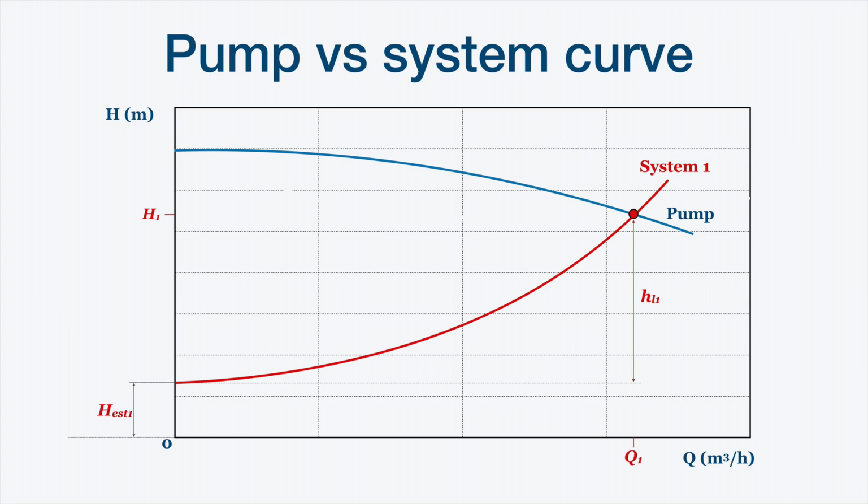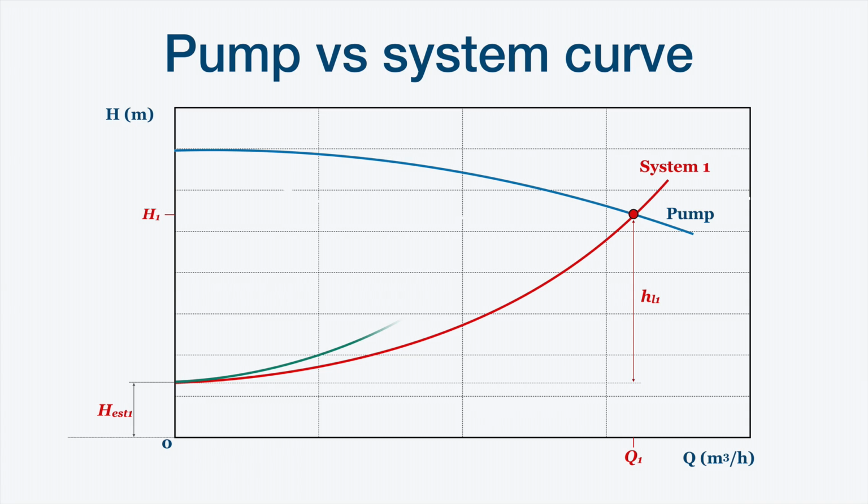Let's suppose we want to reduce the flow rate. Then we can close a valve, for example, a valve located in the pipe or in the system. What we are doing is throttling the system, increasing the pressure losses. How would the pump react? Of course, this pump will deliver a lower flow rate at a higher head, at a higher pressure. Why? Because the curve has changed. And how has the curve changed?